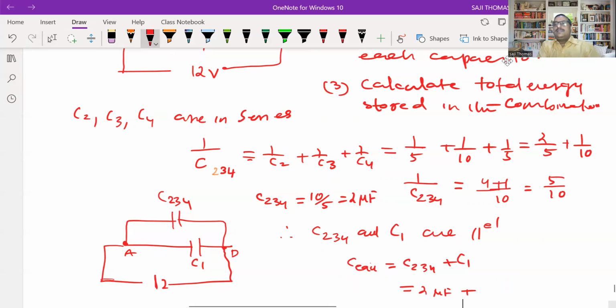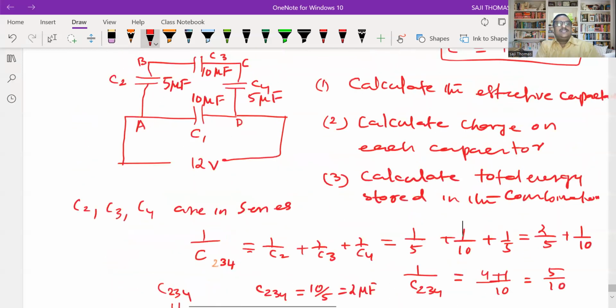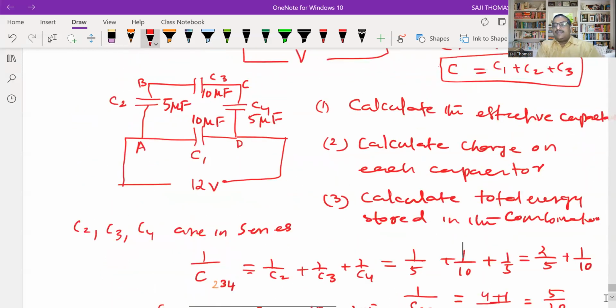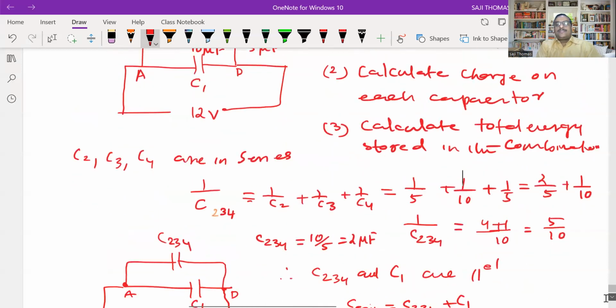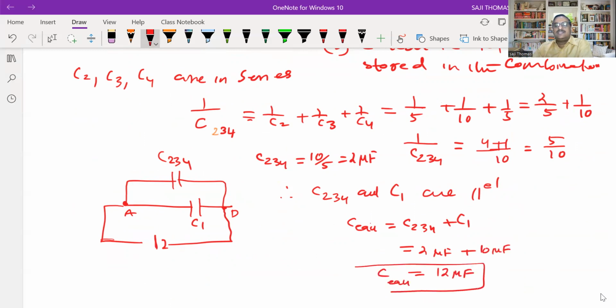The C1 value was given. C1 is 10 microfarad. So the total is 12 microfarad. So this is the equivalent capacitance.